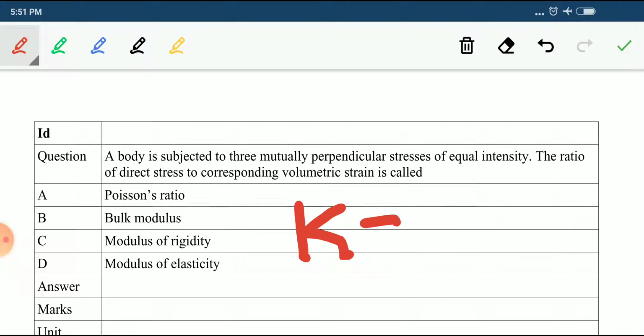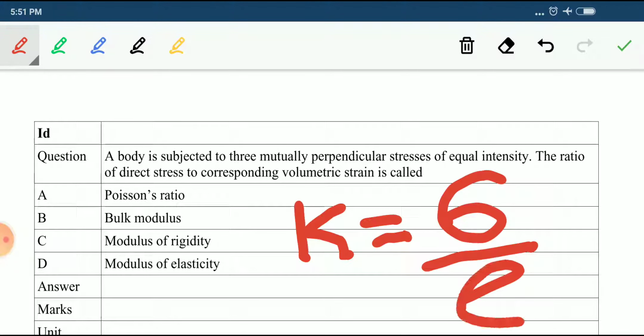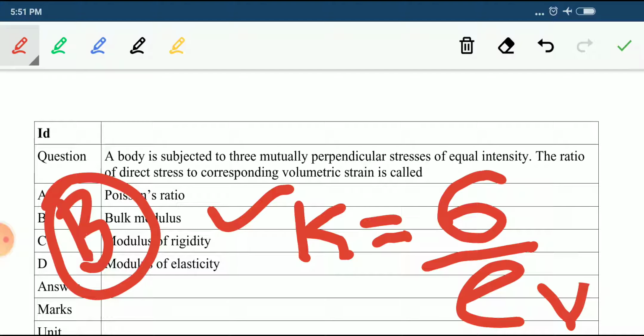He is telling about bulk modulus, that is direct stress divided by volumetric strain. The answer will be bulk modulus. Already you know Poisson's ratio means lateral strain by linear strain. Modulus of rigidity means shear stress by shear strain. Modulus of elasticity means longitudinal stress by longitudinal strain. So the answer for this question is bulk modulus. B is the correct answer.